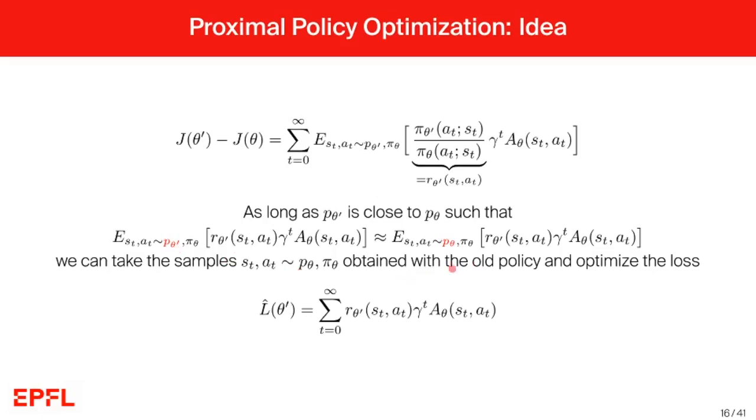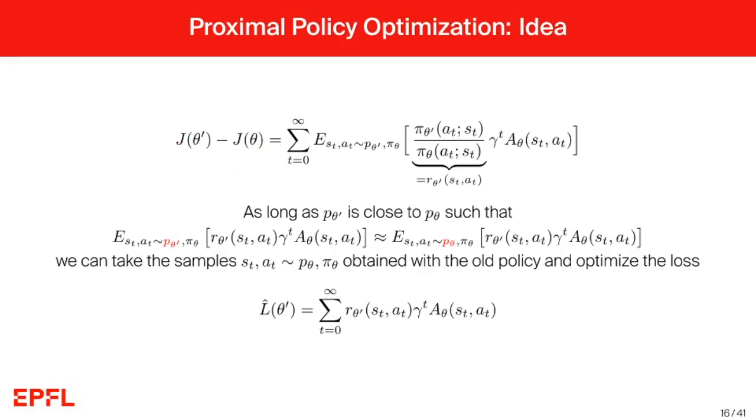So we would like to just optimize a function like this function here in theta prime without having to sample new observations or actions. And as long as the new policy is somewhat close to the old policy and these expectations here are roughly the same, we can maximize this new loss to find the theta primes that maximize this difference.